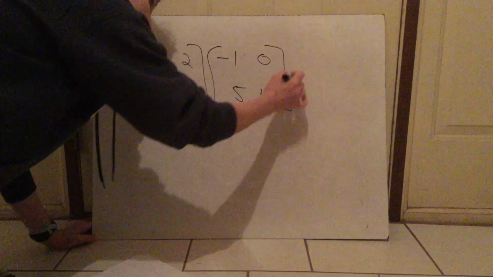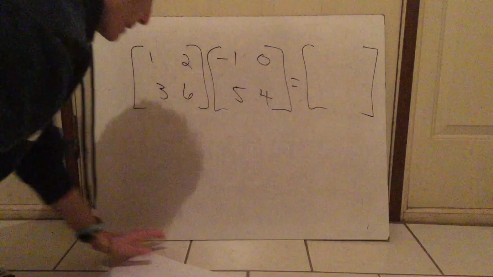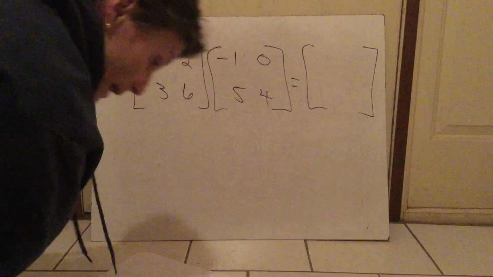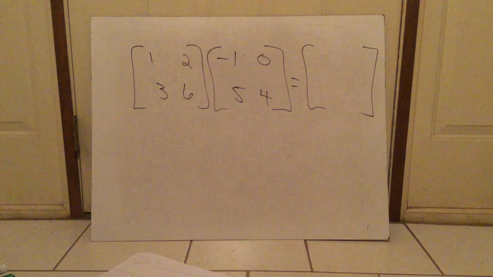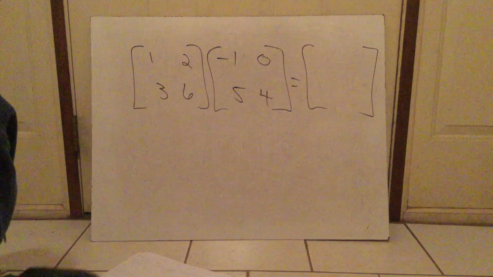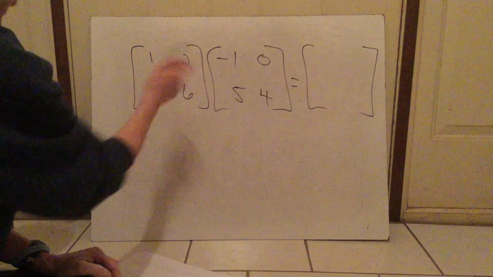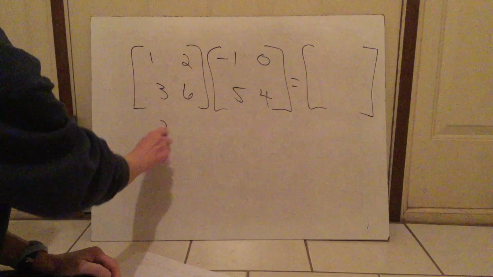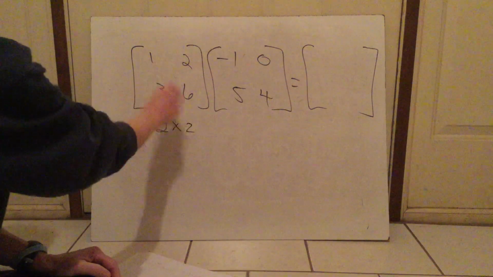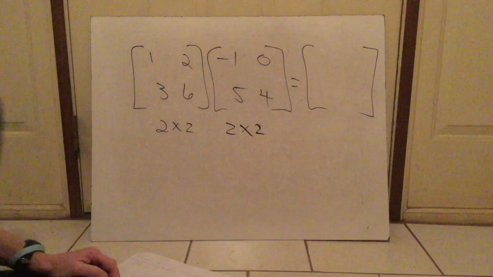We're going to multiply these together. Now, before we do it, we need to make sure that we actually can multiply. So, the rule for multiplication is different. Find the dimensions. So we have 2 rows and 2 columns.